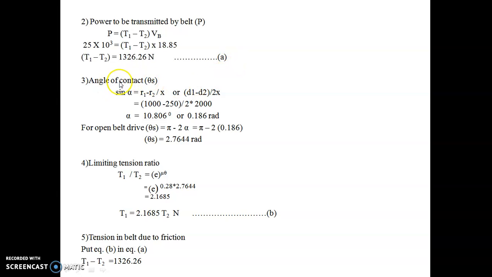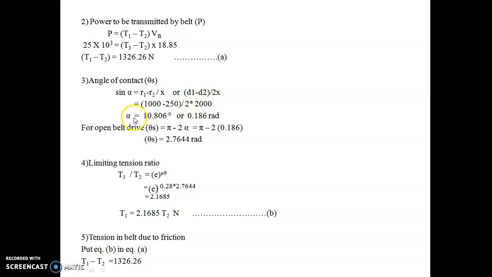Third point, angle of contact on smaller pulley. For angle of contact, we require the value of angle alpha. So sin alpha is equal to R1 minus R2 upon X, or D1 minus D2 upon 2X. So 1000 minus 250 upon 2 into 2000.